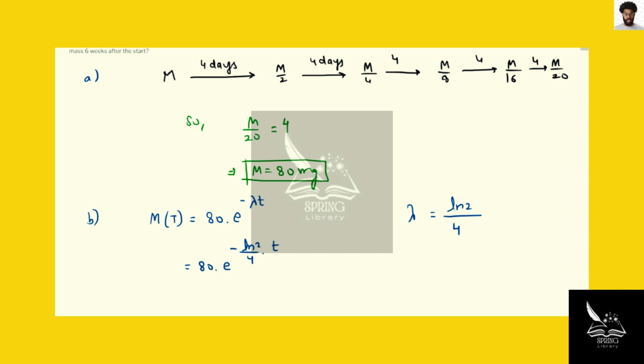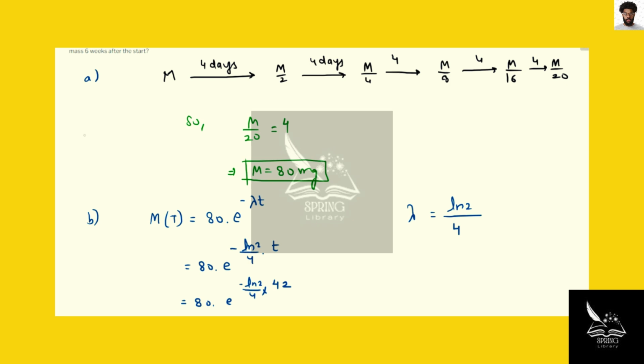Now this is given in terms of days, and we have 6 weeks. So 7 times 6 is 42. So t should be replaced with 42 over here, because 6 weeks has 42 days. So all we have to do is grab our calculator and find its value.